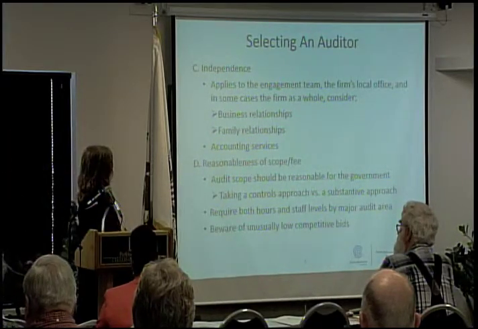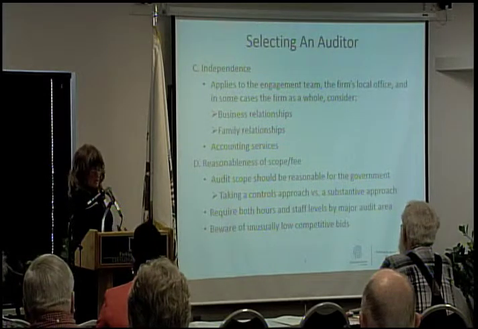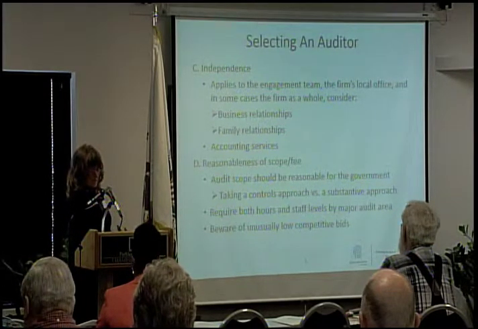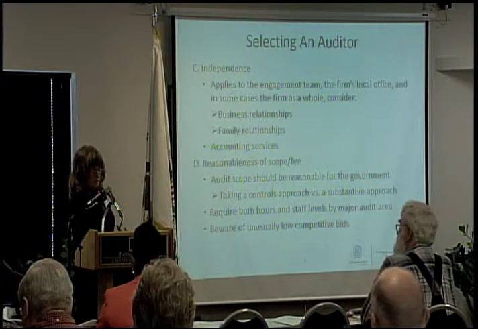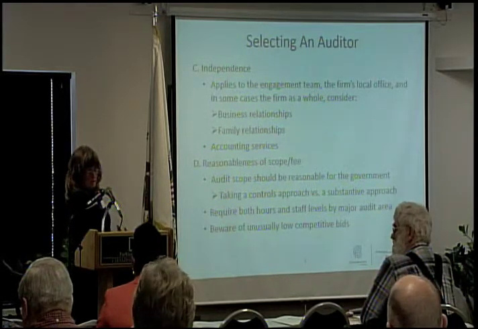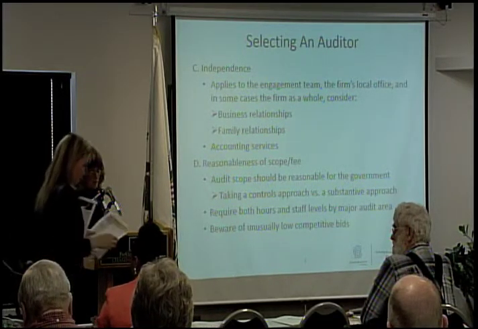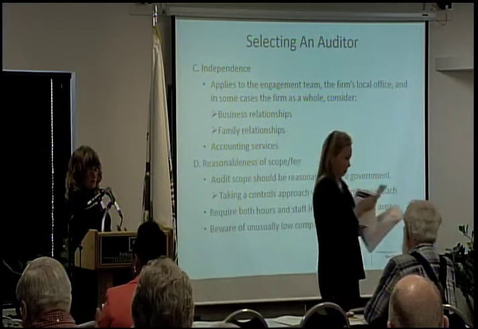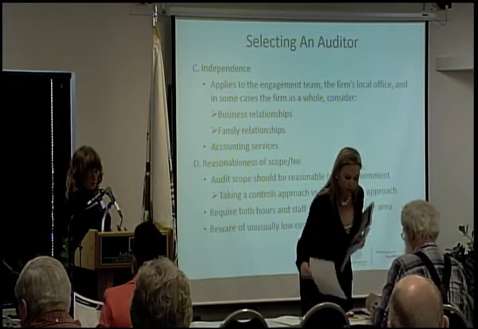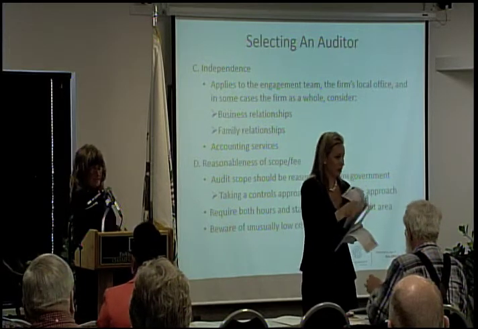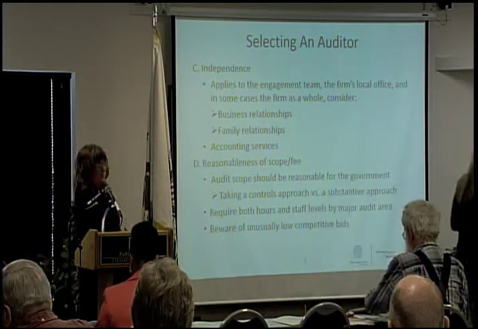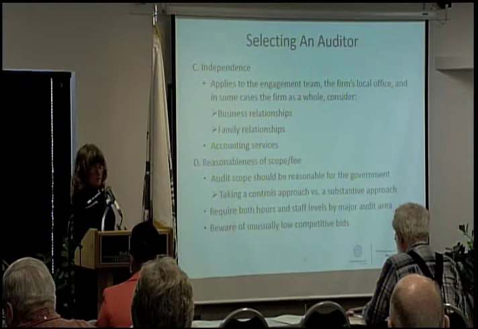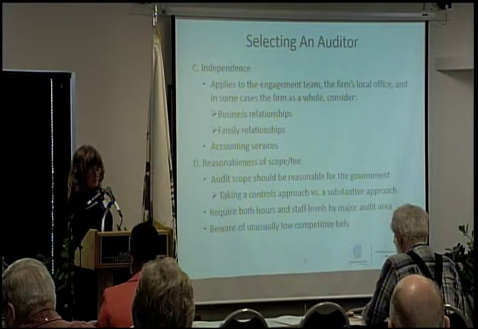So there's that. Reasonableness of scope and fee is another criteria to use in determining who to engage. Controls scope of the audit. There are two different scopes. There's a controls approach. It would involve the testing of internal controls to determine if the auditor can rely on these controls to prevent material misstatement of the financial statements.